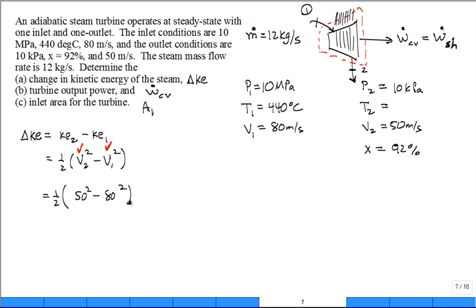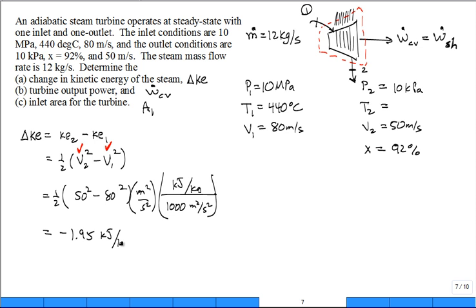It shouldn't come out slower, but hey, let's just run with it. And that's meters squared per second squared on the units. And then I use my conversion factor that 1,000 meters squared per second squared is precisely a kilojoule per kilogram. And whatever I run on that, it's a negative something, 1.95 kilojoules per kilogram. That's the change in the kinetic energy.